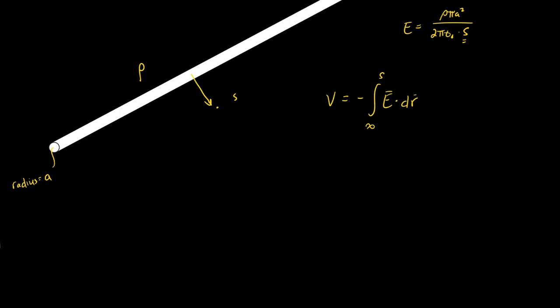So I'm going to replace, in this calculation for electric field, S with something that just represents the perpendicular distance away from the wire. How about R? Is that okay? Since R is already part of my integral. So I will rewrite this from infinity to S, rho pi a squared over 2 pi epsilon naught times 1 over r dr.